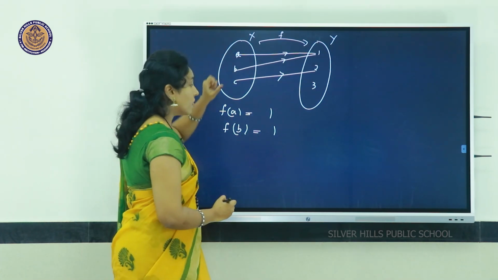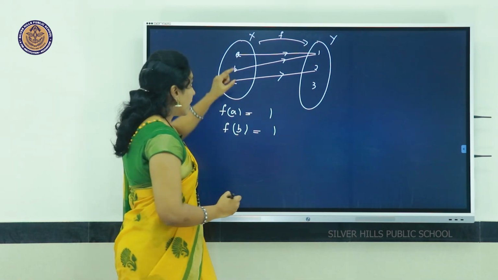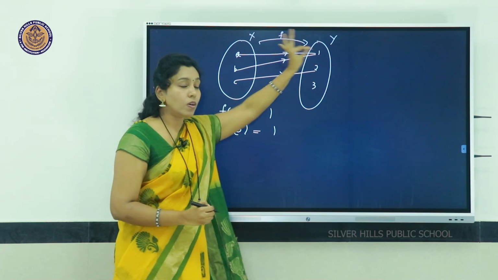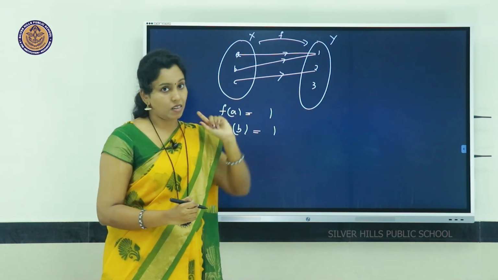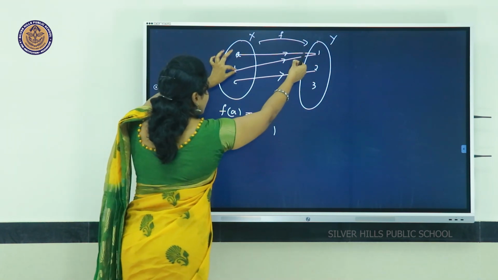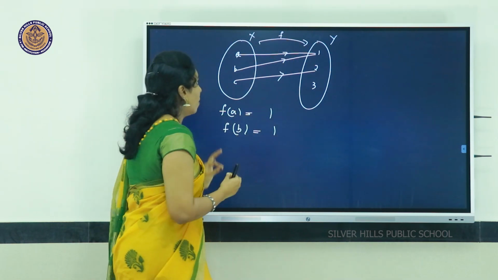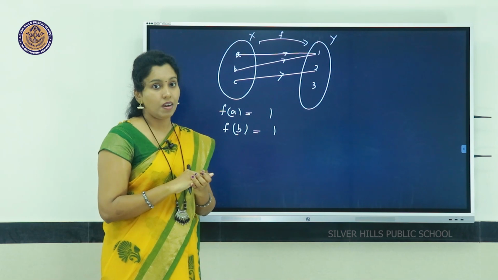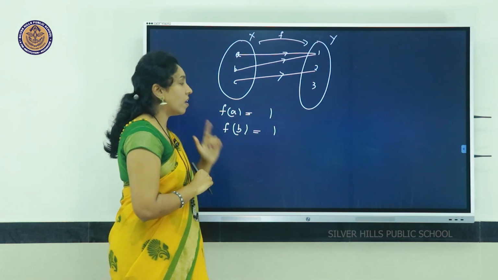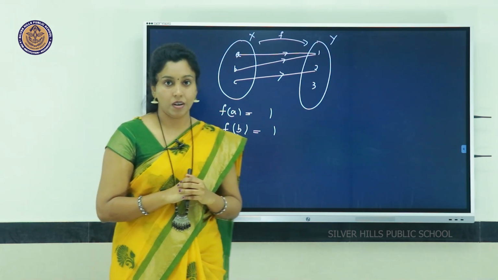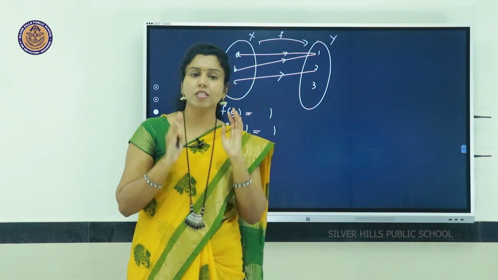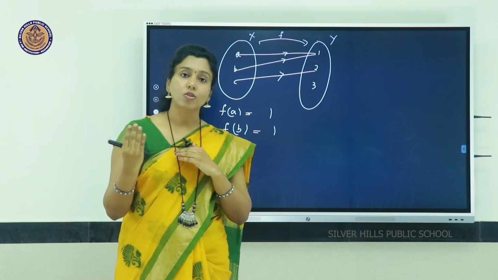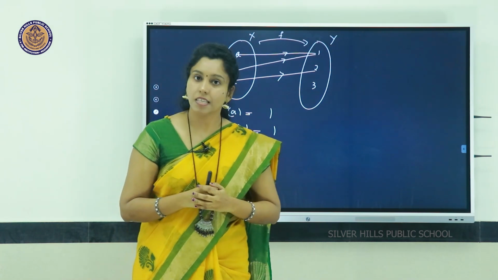So, can we say this is 1-1? If it is 1-1, 2 arrows will not go to the same member on the other side. That is, only if A equal to B, I can say this function is 1-1. So, in simple words, just check whether different members in the first set go to distinct members in the second set.